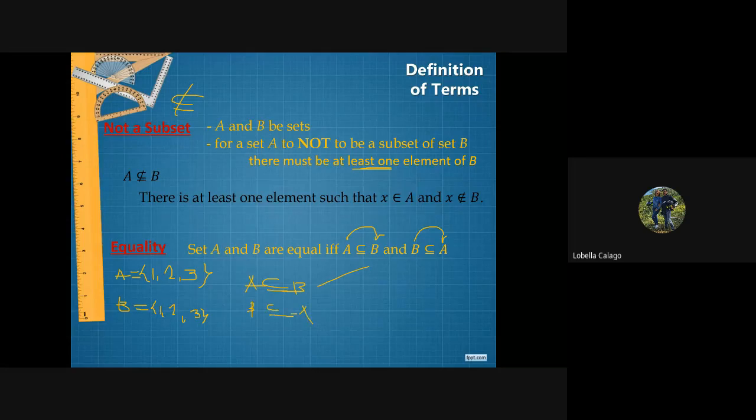Ang B, 1, 2, 3, meron din si A ng 1, 2, 3. Yes. Hence, A is equal to B. So, that is how you're going to check whether sets are equal.